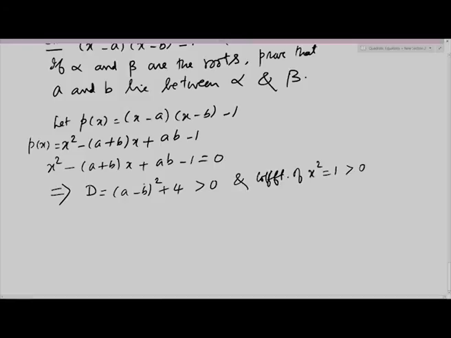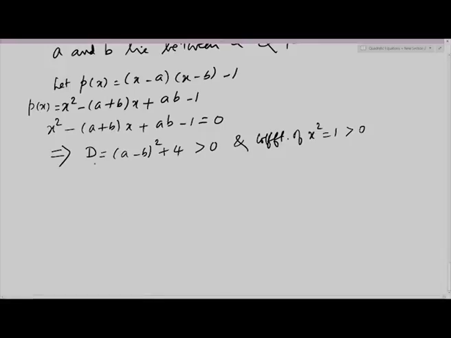Therefore, the given equation has two distinct real roots.